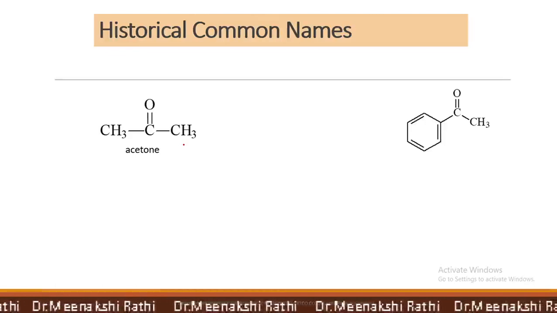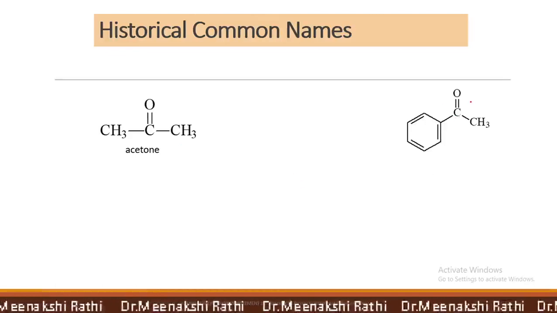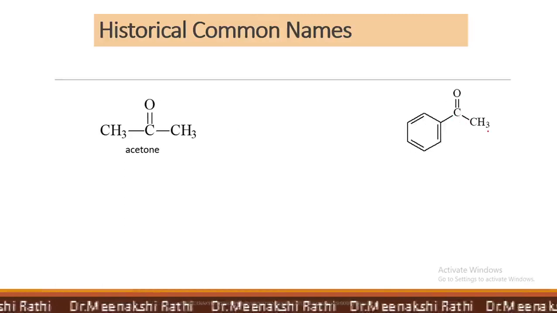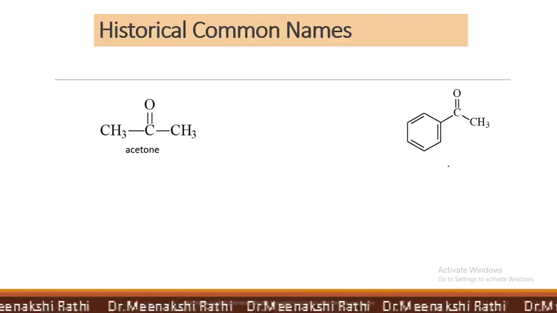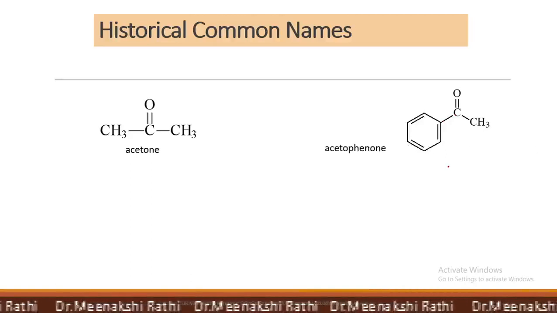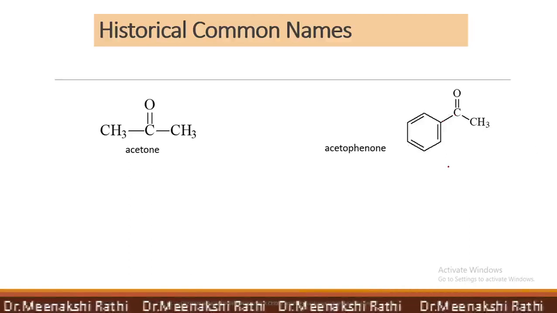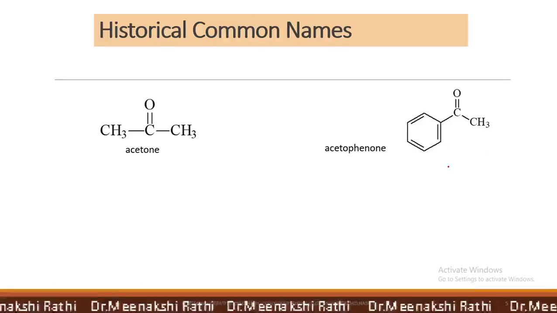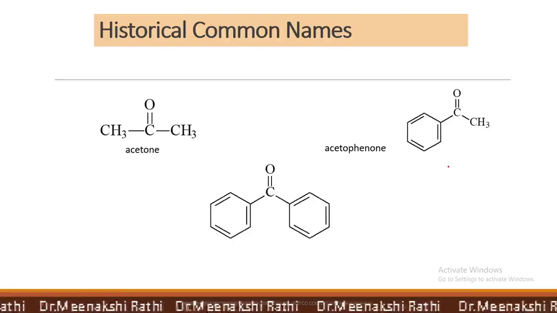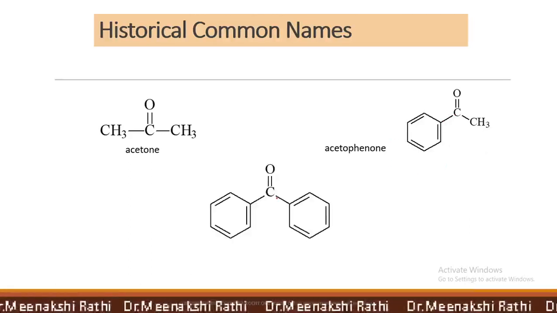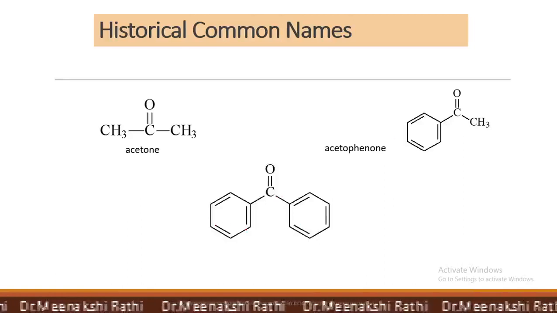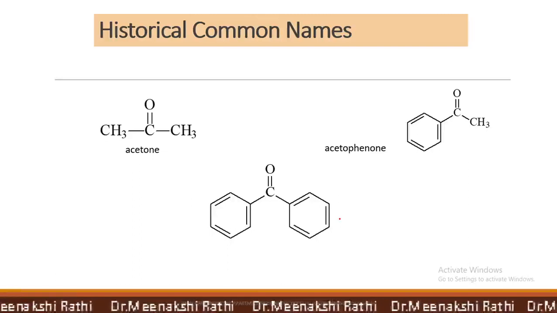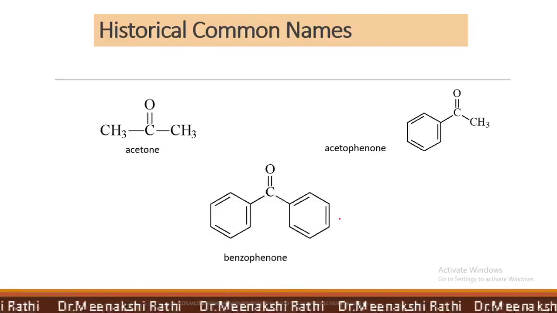While if one methyl and one benzene ring or phenyl group is attached to the carbonyl group, it is known as acetophenone. These are common names. Here, to the carbonyl group, both the benzene rings are attached. It is known as benzophenone.